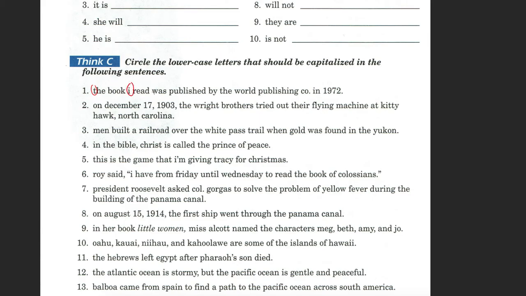If you're using it as a pronoun. Read was published by the World Publishing Company. It's the name of a company, so the first letter needs to be capitalized. Oh, sorry, not the T. So World needs to be capitalized. Publishing and Company. CO period means company. In 1972.